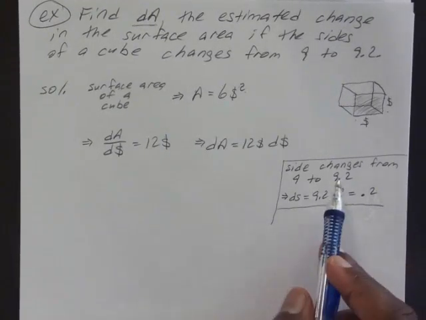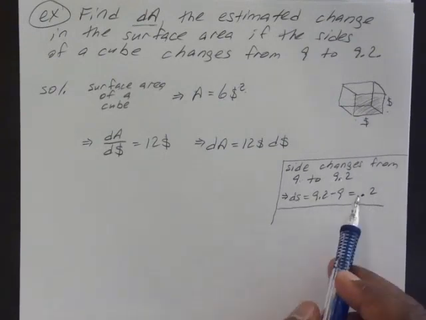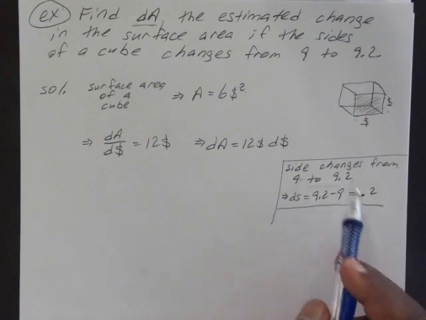Now, if it decreased from 9.2 to 9, then it would have been negative ds. But since it's increasing, it's 0.2.